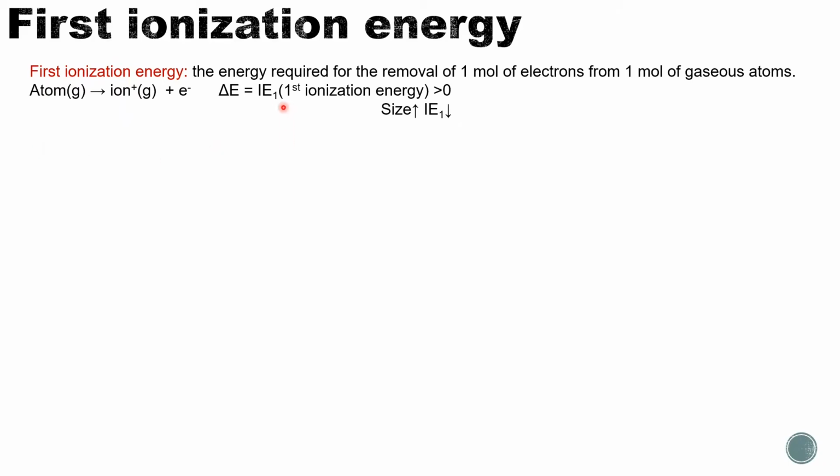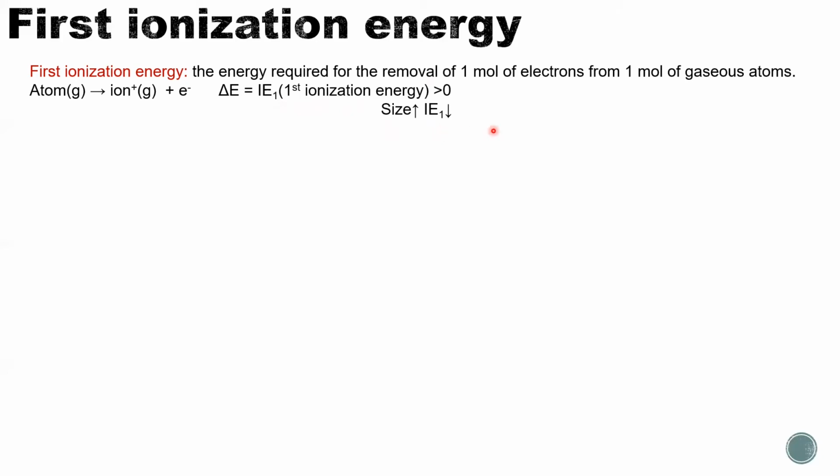Usually the first ionization energy is larger than 0, which means the process does not occur naturally. You need to provide some energy to it. And for the first ionization energy, the bigger the atomic size, the smaller the ionization energy is.